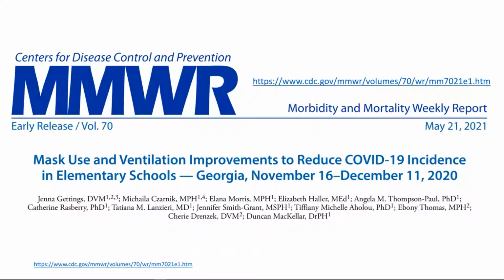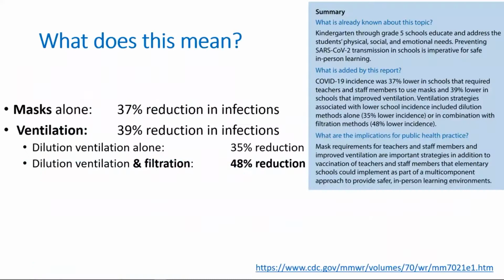Now, there have been studies on mask use and ventilation improvements in schools. And this one was published a few months ago. Basically what it found is that masks alone provided a 37% reduction in infections.